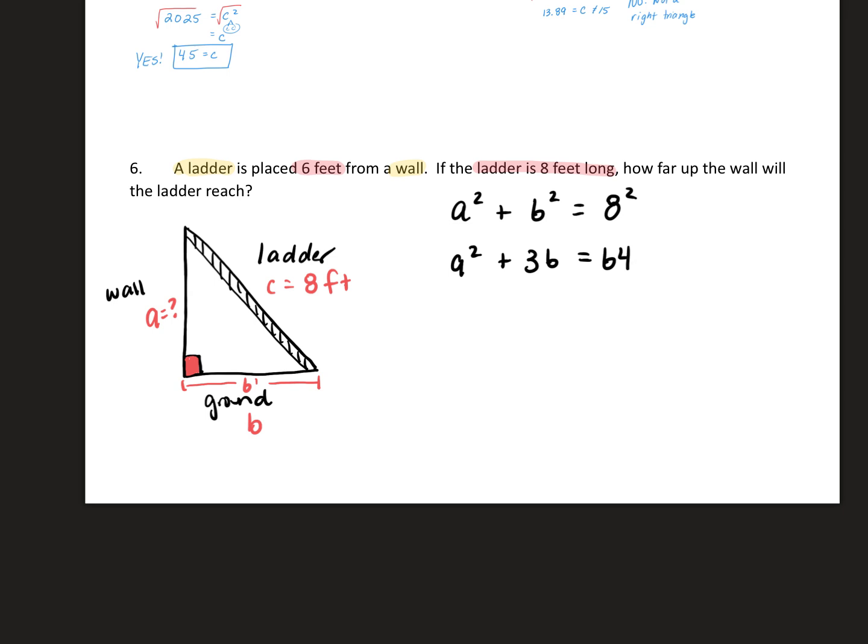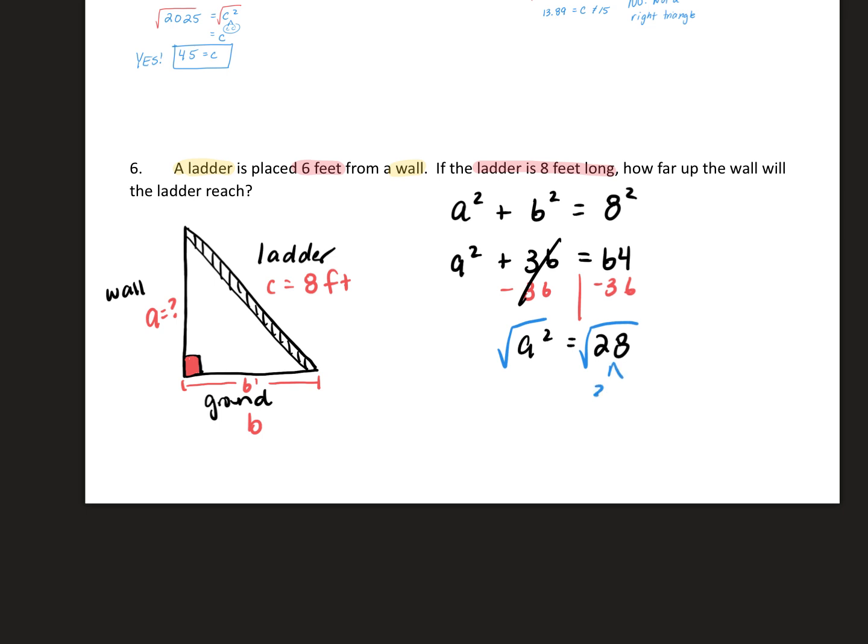Now, remembering our multi-step equations, I'm going to subtract 36 from both sides of the equal sign. These cancel out. I'm left with a squared is equal to 28. Off the top of my head, I know that this is not a perfect square root, and we're going to have to split things out. So remember our steps, we're going to square root both sides, and I'm going to split this out.